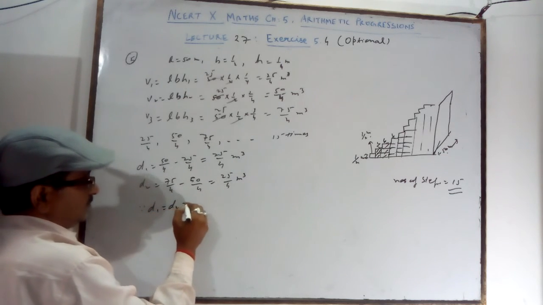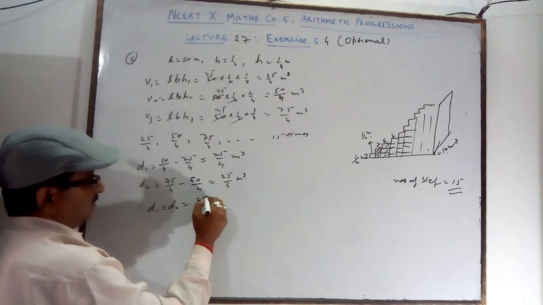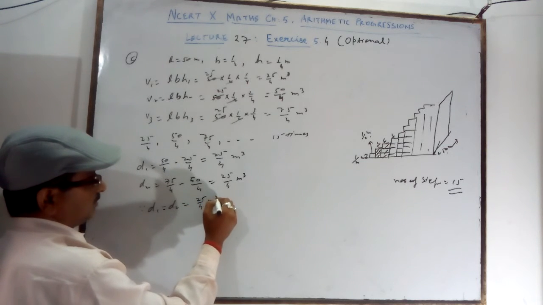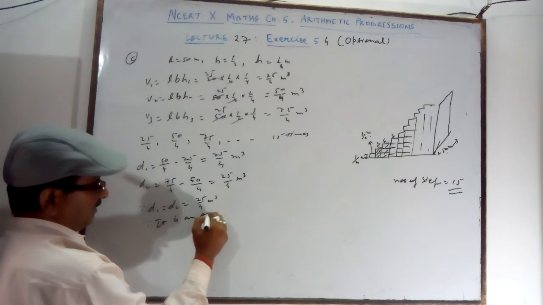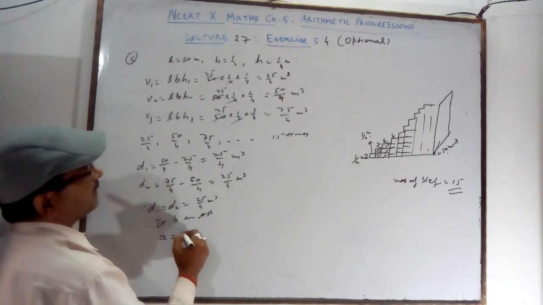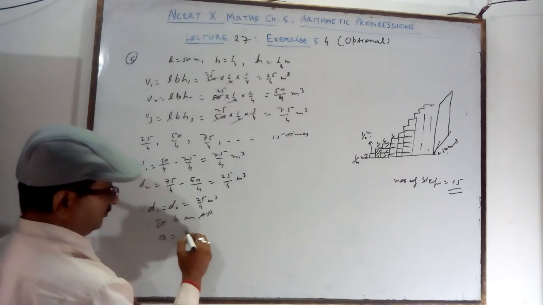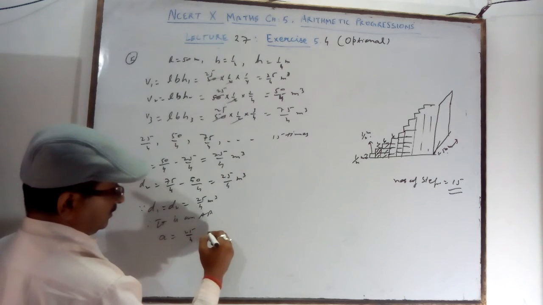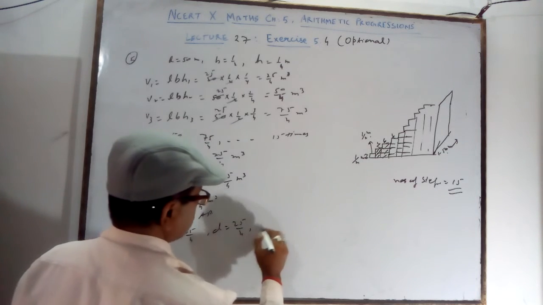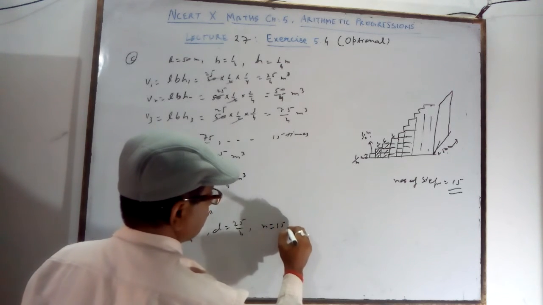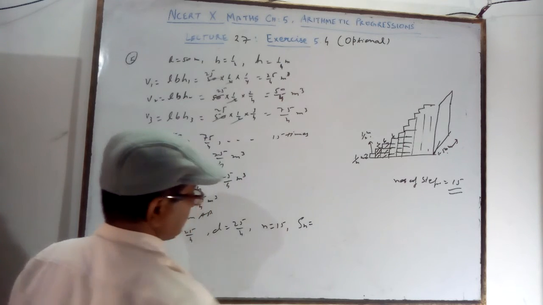Because D1 is equal to D2 is equal to 25 by 4 meter cube, it is an AP. Then what is A? A is given as 25 by 4. The common difference is 25 by 4. N is equal to 15. You want to find Sn.